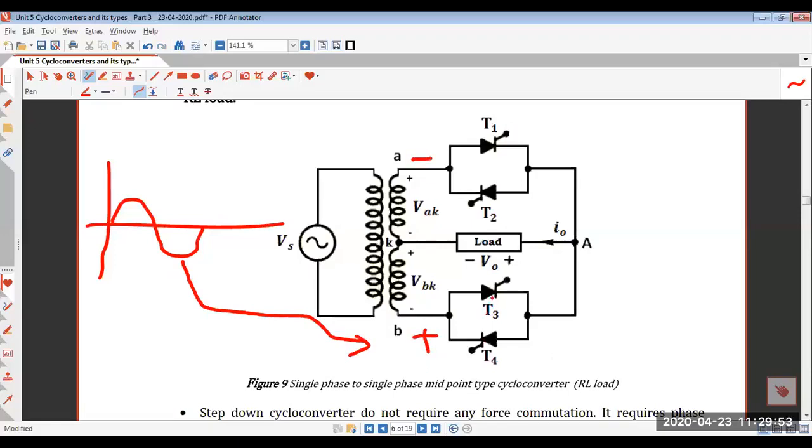So here this SCR will conduct. So the current will flow like this. So in this also you can see the output current is similar to that of the reference markings of current and voltage. So similar is the case for T2 and T4.